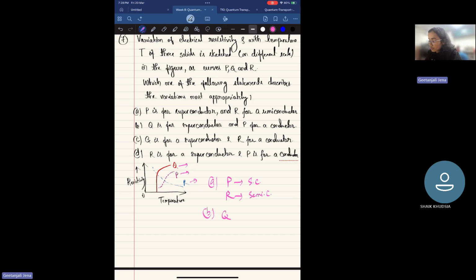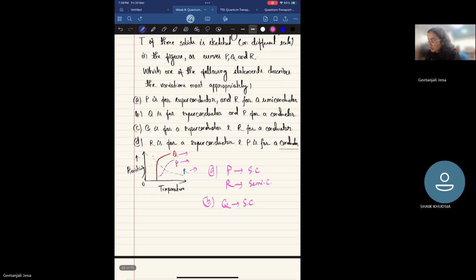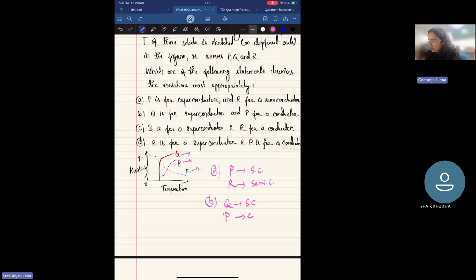B is Q is a superconductor, P is a conductor. And C is Q is a superconductor, R is a conductor, and D is R is a superconductor, P is a conductor.